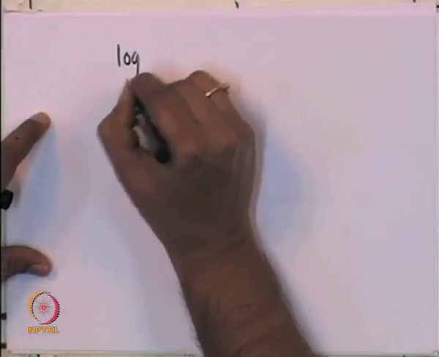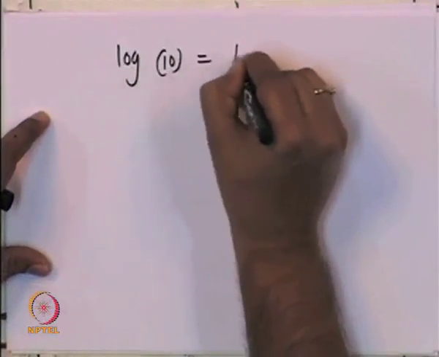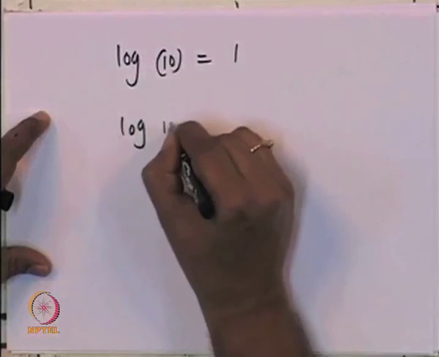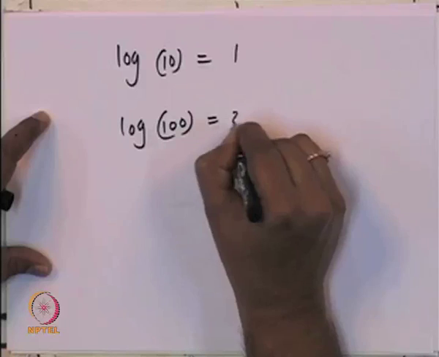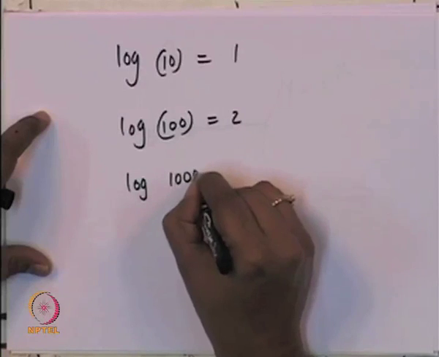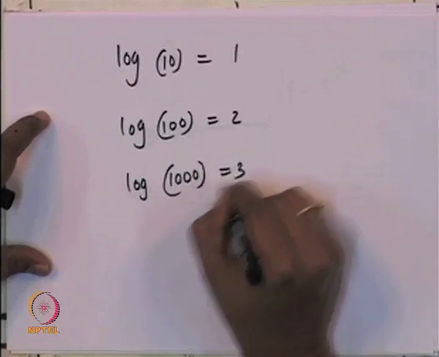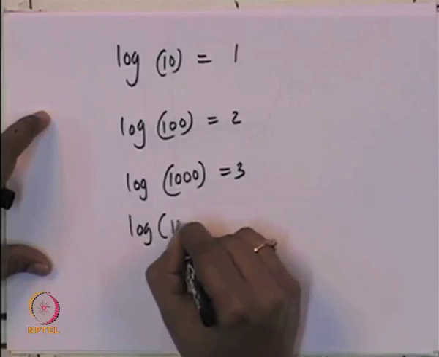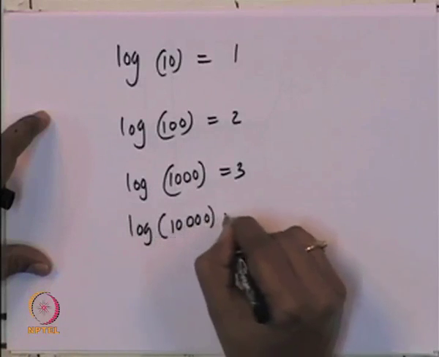Let us write the log of some huge numbers. Log of 10 is 1, log of 100 is 2, log of 1000 is 3, log of 10,000 is 4.